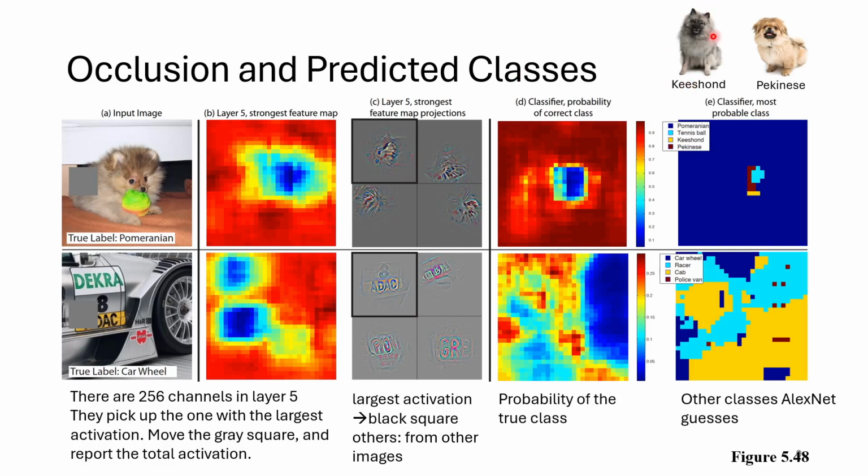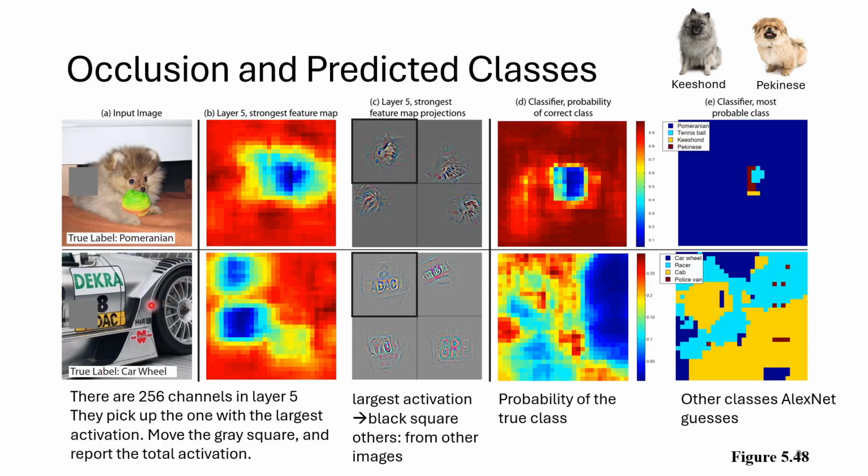So this is the example image of Chihuahua, and this is another example image for Pekingese. Okay, so let's take another look. Here, the true label is car wheel, so this is the wheel.